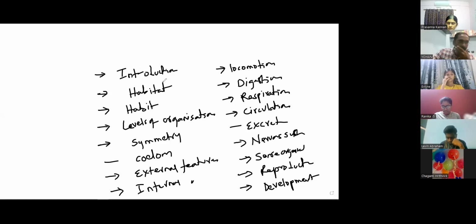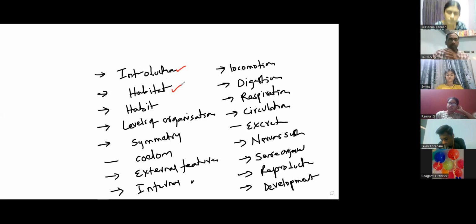What is habitat? The place where the organism lives is habitat. If you remember these points, you can recollect any phyla among the invertebrates. How they live, habitat.